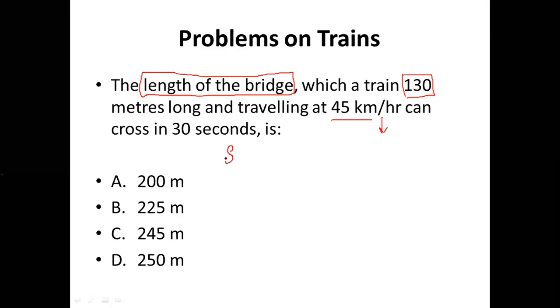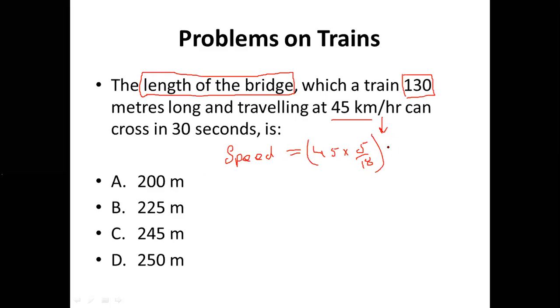So the given data that we have, speed is equal to 45 into, we all know, if you want to convert it into meter per second, we simply multiply it by 5 by 18.